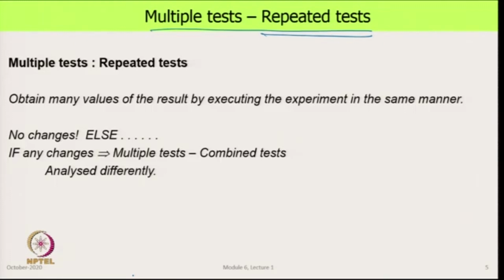So, what we have said earlier is now put up here, that we obtain many values of the result by executing the experiment in the same manner, which means from experiment to experiment there was absolutely no change done at all.